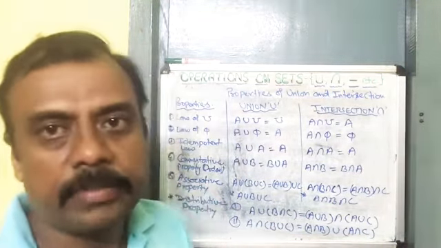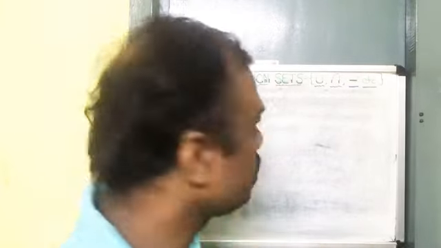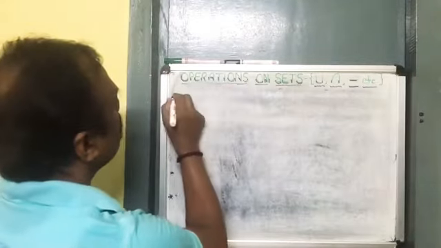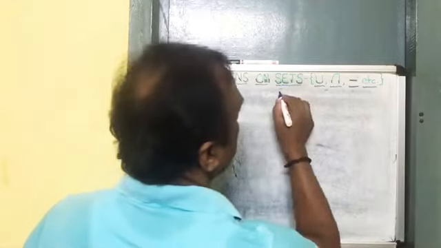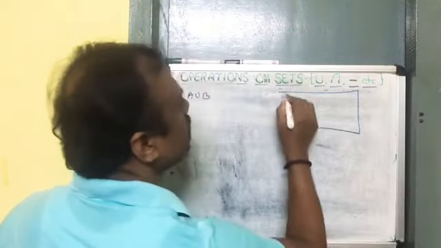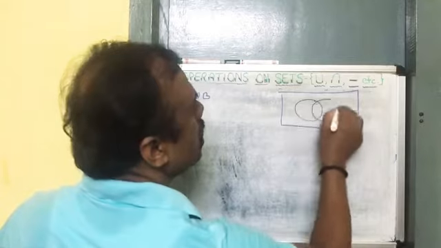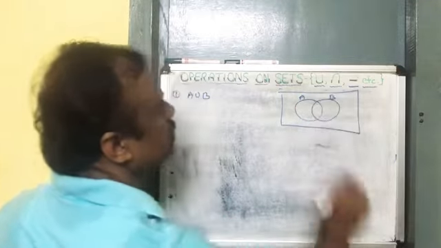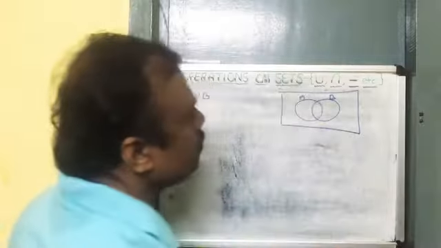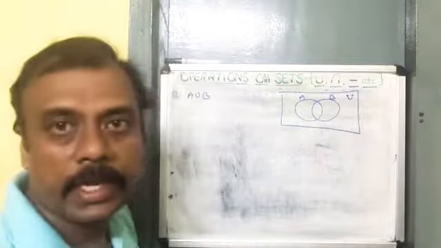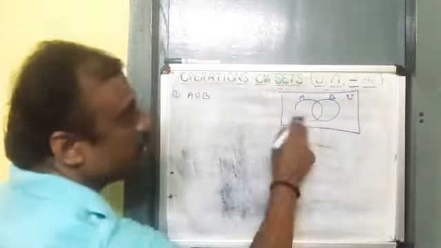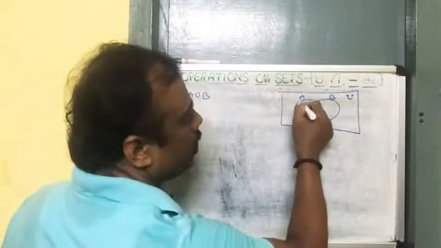Let us try to understand all these properties with the help of a Venn diagram once again. First, A union B. Here I take two sets A and B in this way, and this one is the universal set. So A union B will be all the area in this.